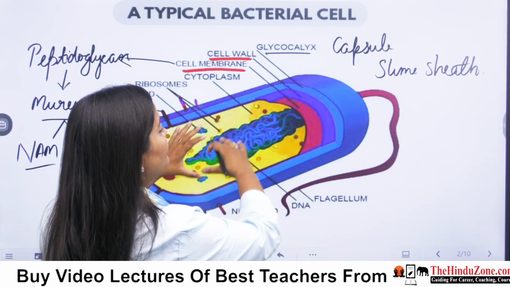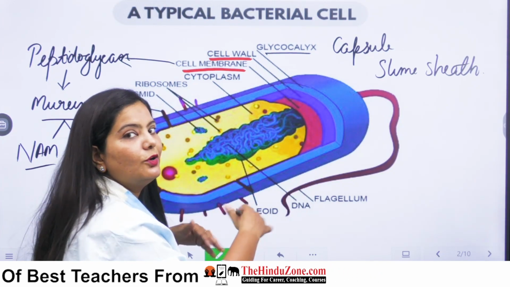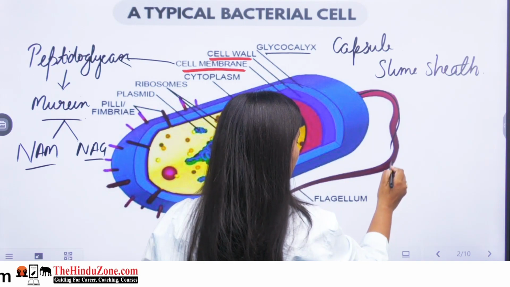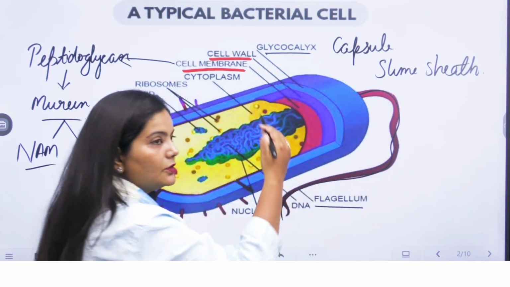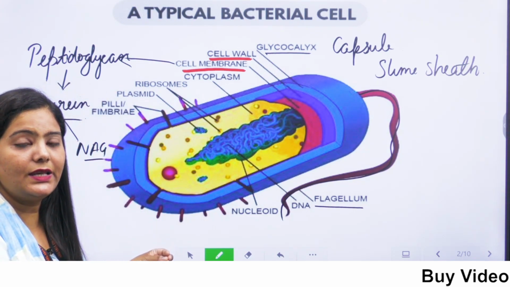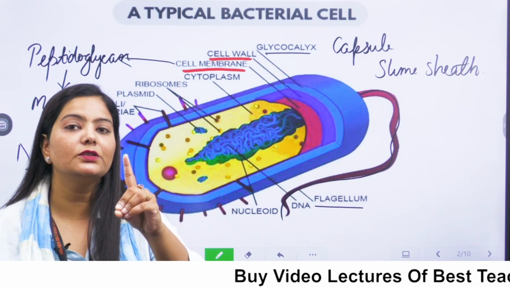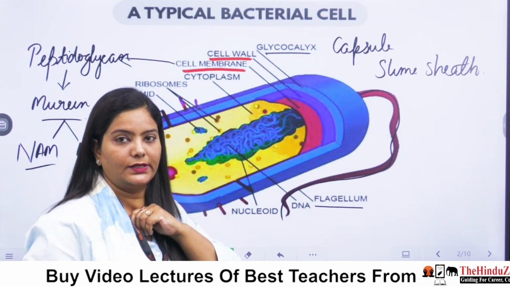Now, as a method of locomotion, there are a number of extensions present. One is called a flagellum. A bacterial cell has a flagellum which is not of the 9+2 arrangement as is present in the eukaryotic cell.